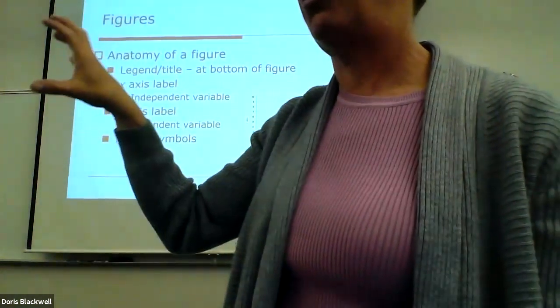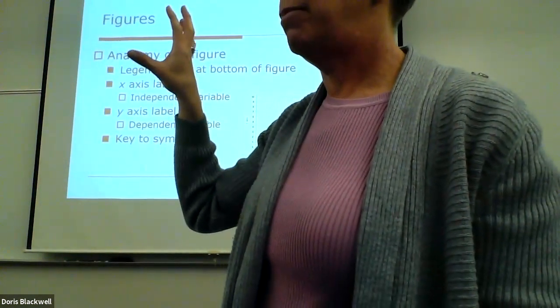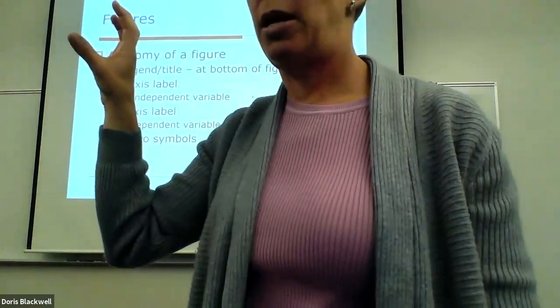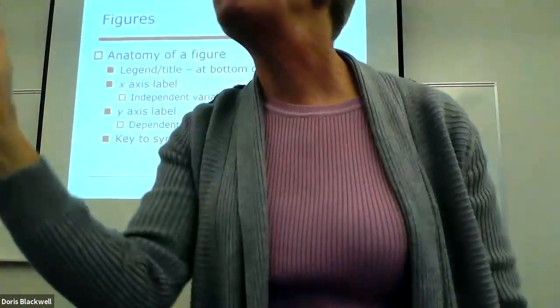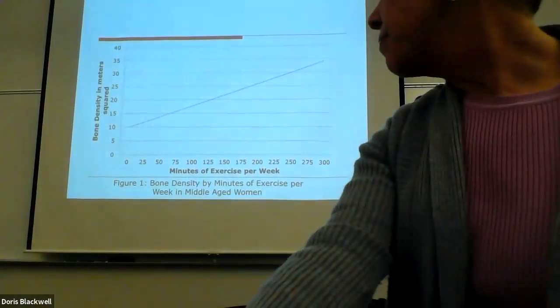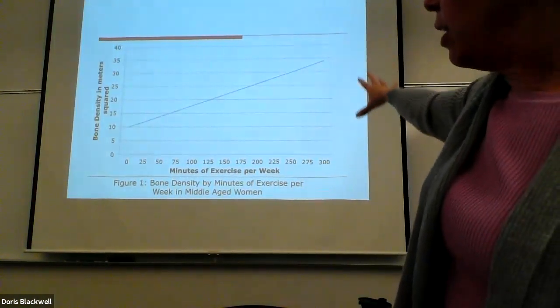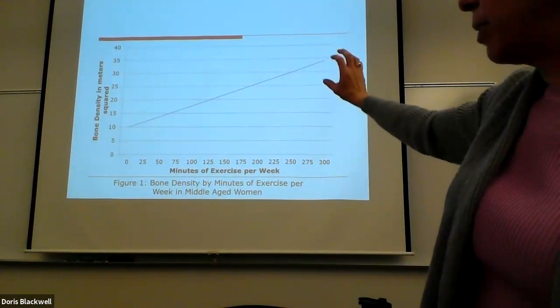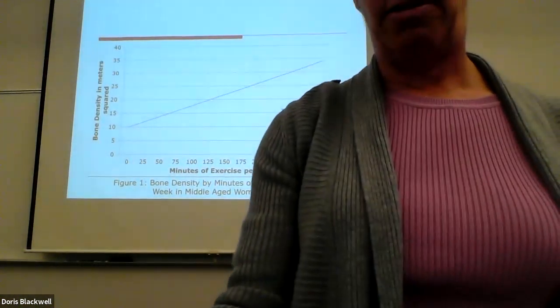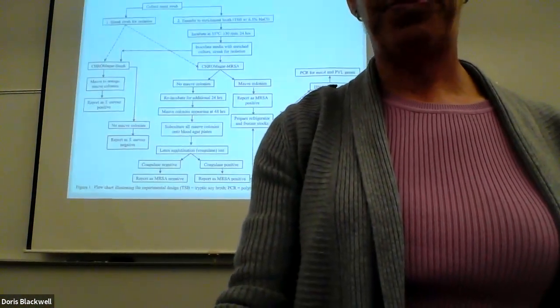We want to make sure that we include a symbol key and tell people what those different symbols mean in the legend. So again, the anatomy of a figure: we have the legend on the bottom and clearly labeled x and y axes so that people know what we're talking about.